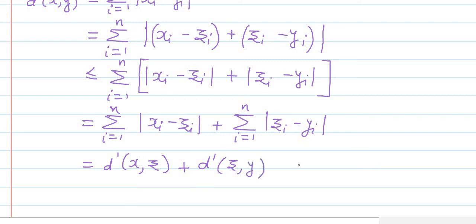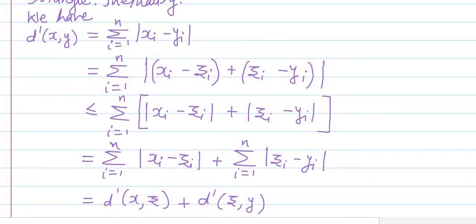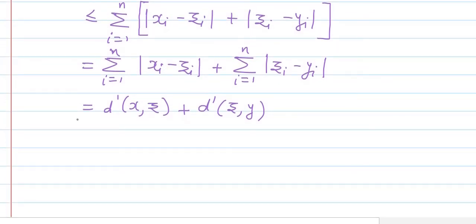So see here what we have shown. We have shown that d dash of x comma y is less than or equal to d dash of x comma z plus d dash of z comma y, which means that the triangle inequality holds here. Okay, therefore triangle inequality holds.